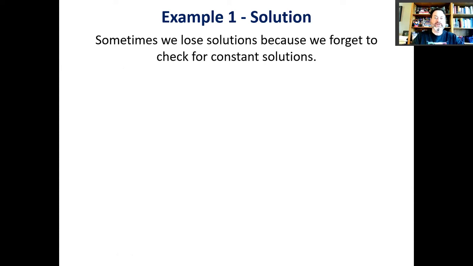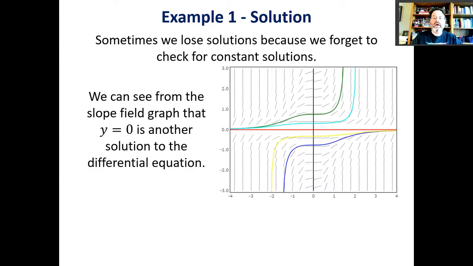And these are called constant solutions. They pop up all the time in differential equations, and you always have to look for them. We saw some in section 9.1 with the population model, where we had the equilibrium solutions. Turns out those are also constant solutions. And if you're not sure if there's a constant solution, the best thing you can do is just graph the differential equation, the slope field.